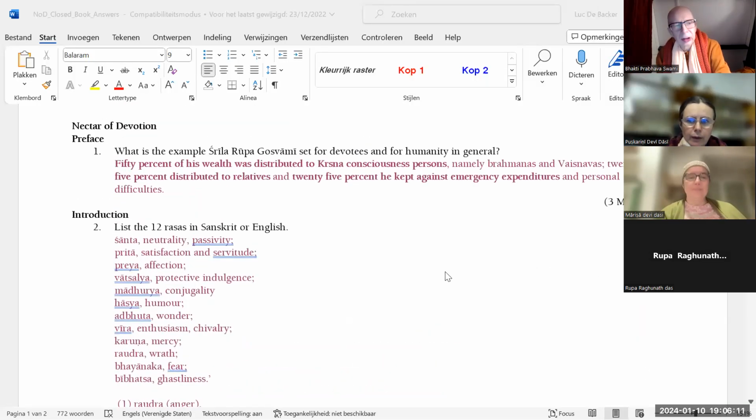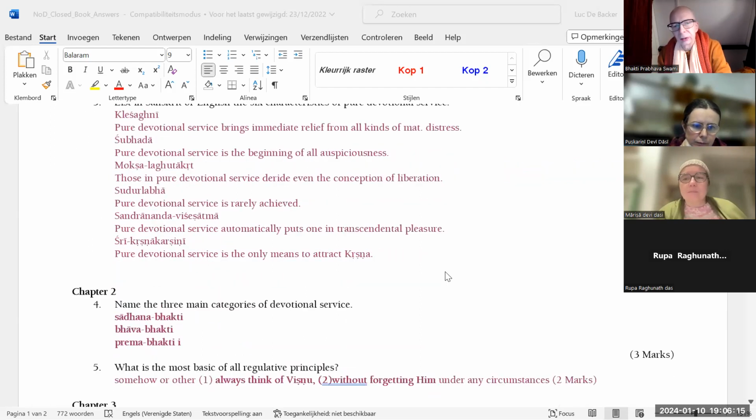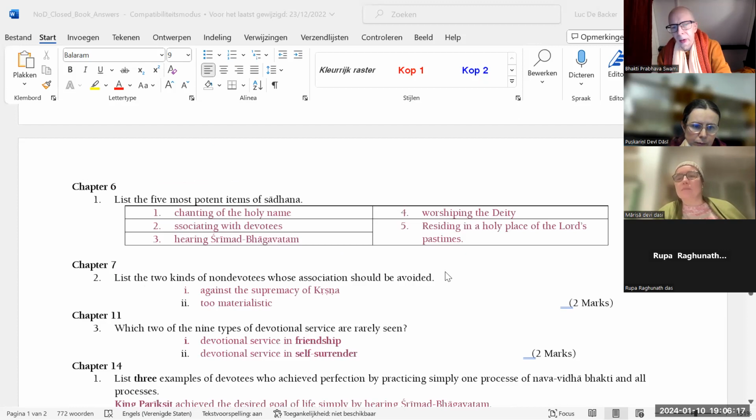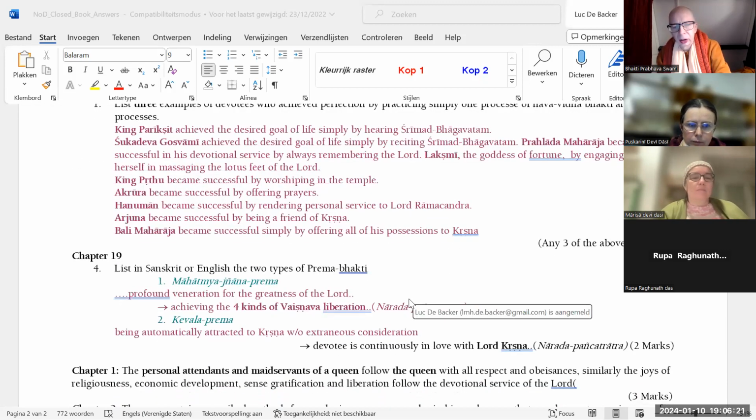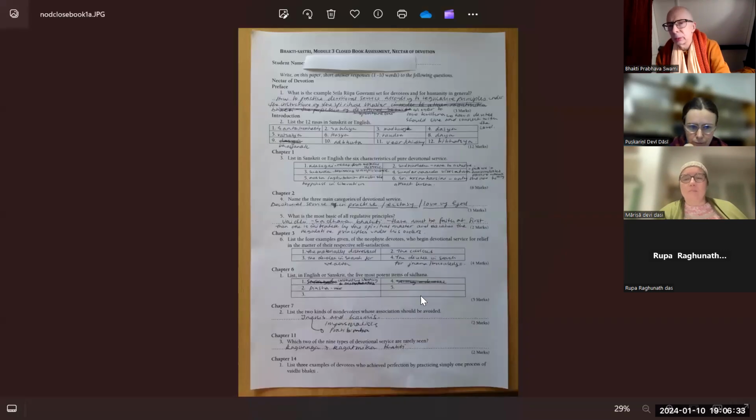Yeah, okay, these are the answers. But that's in the documents you received. All the answers are there. And then, yeah, I showed you before also the exams, 2 pages. This is one of these 2 pages. This is the first page and the second page.